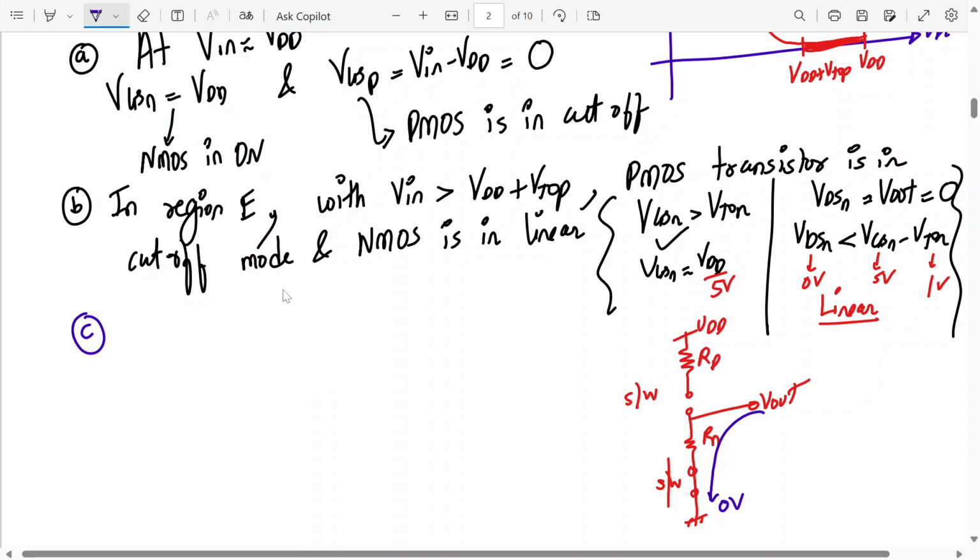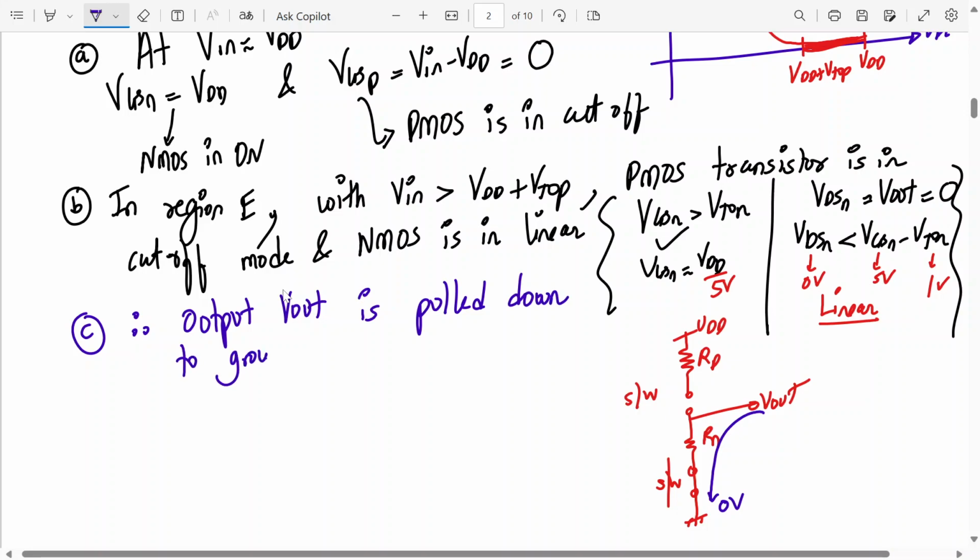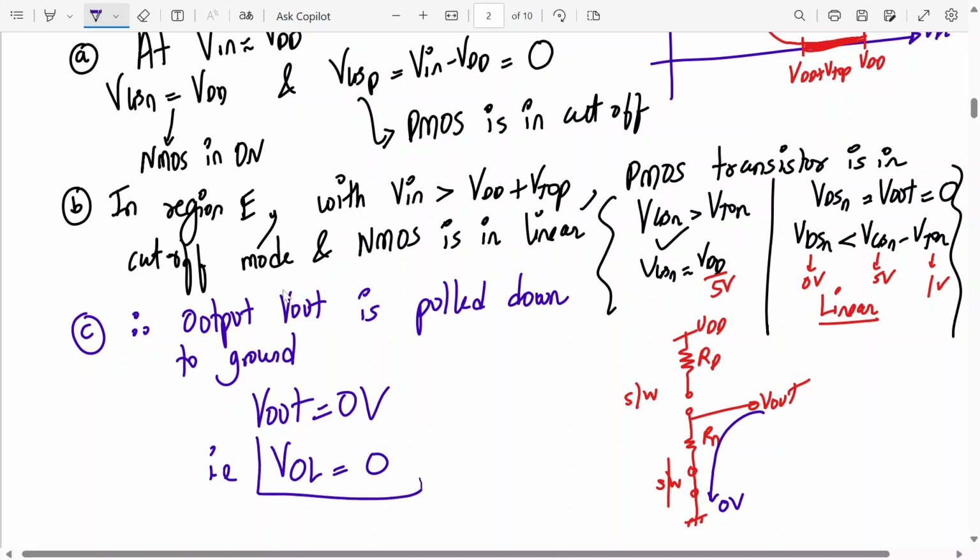So the output Vout is pulled down to ground level. Therefore we can say output is equal to 0, and here output is nothing but the VOL point, and that is 0. So VOL of a CMOS inverter is 0. Therefore we can conclude that.